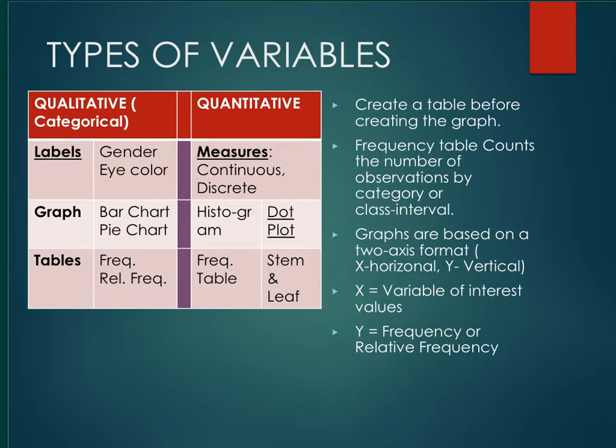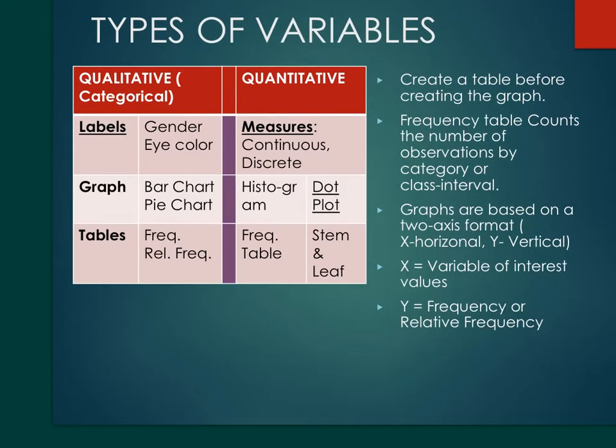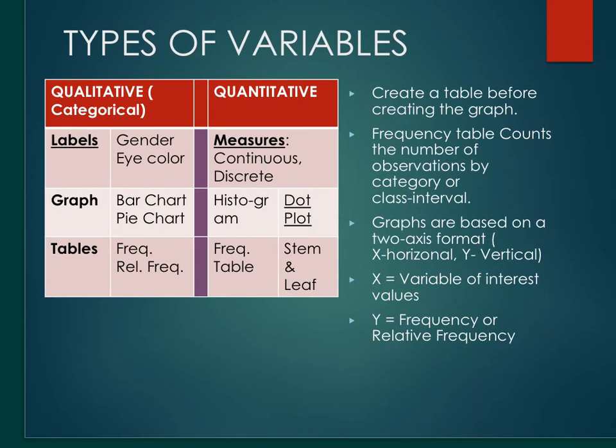So the first idea is we will create a table before creating the graph. That is a very important idea in this chapter, and we are going to do that first. Then from the frequency table counts and the numbers of observations by category or class interval, we will be creating our table.